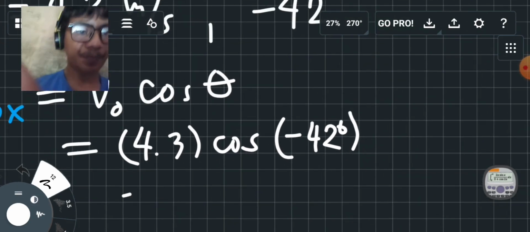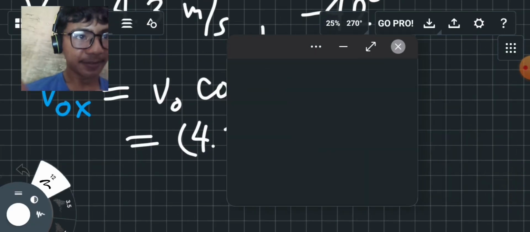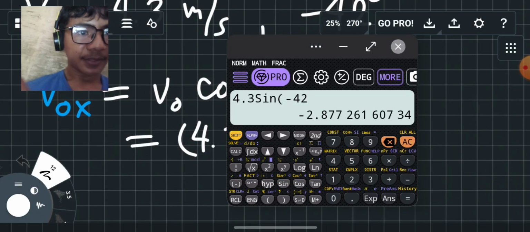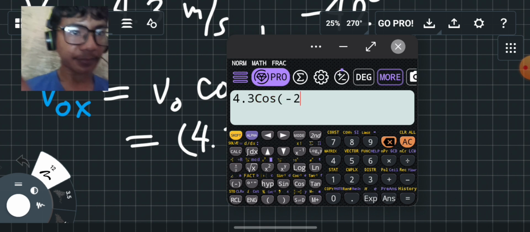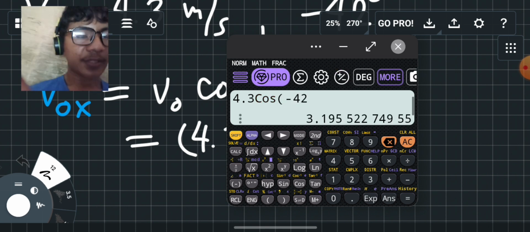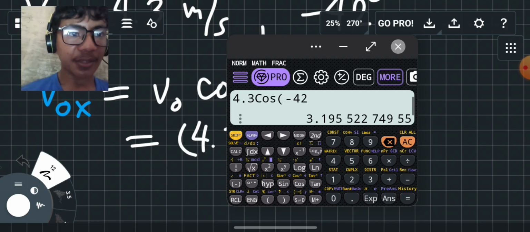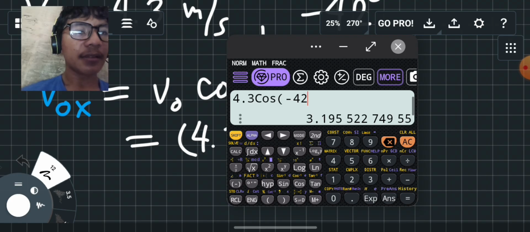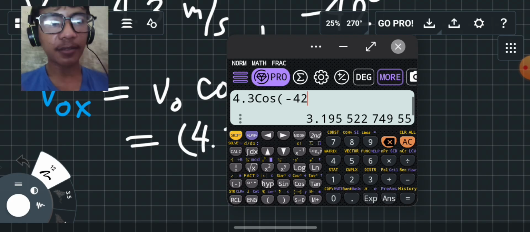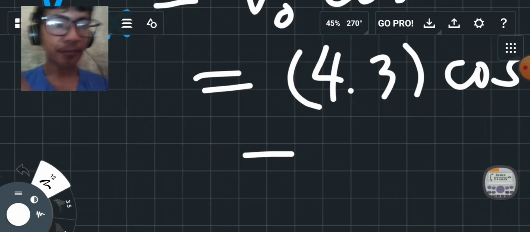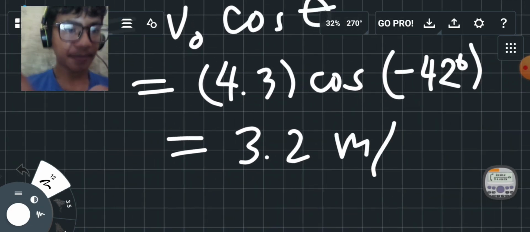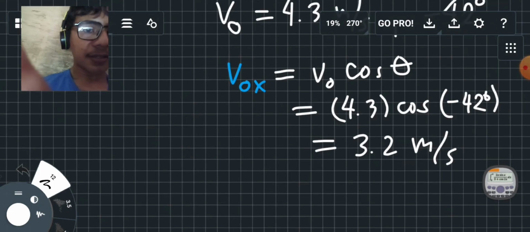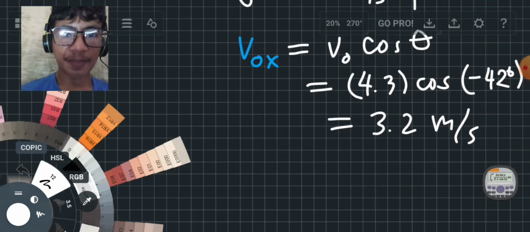And pull up our calculator. That should be cosine. So it gives us 3.195, which is to be rounded to 3.2 meters per second. Alright, so we're done with the x component.